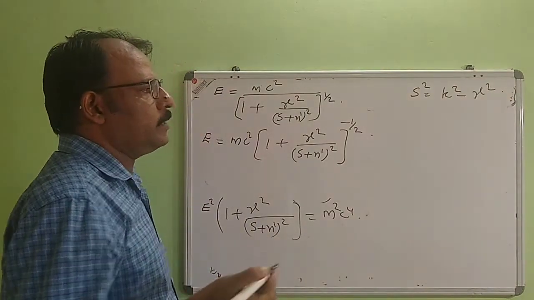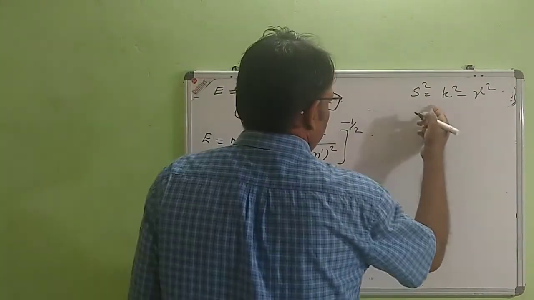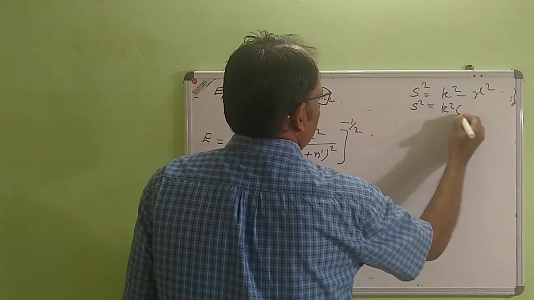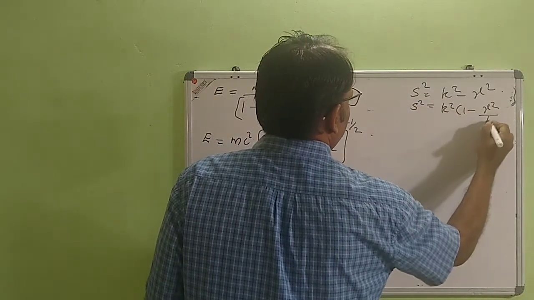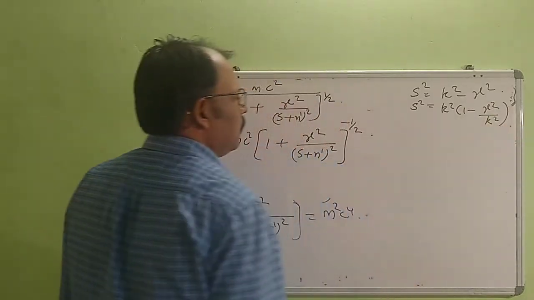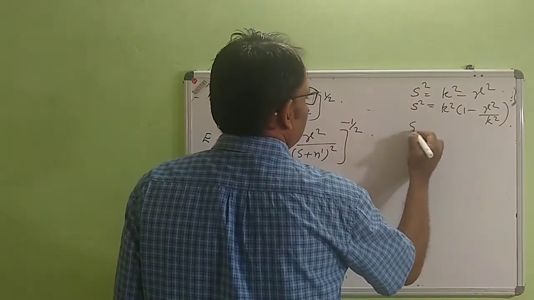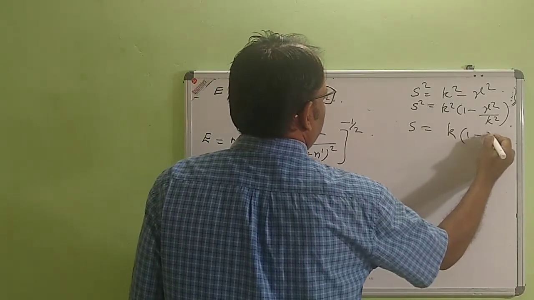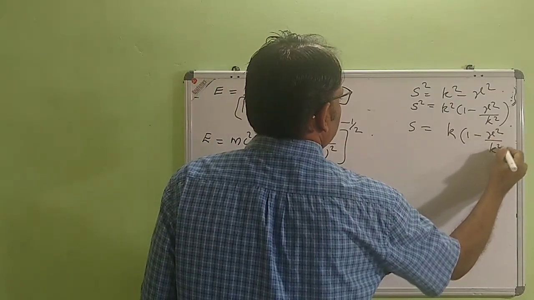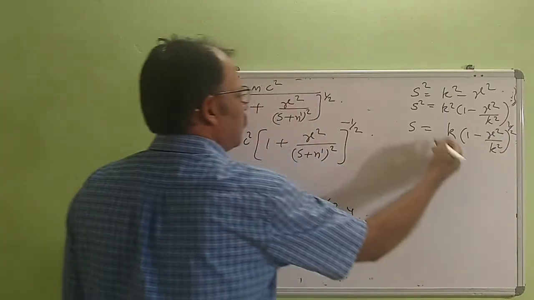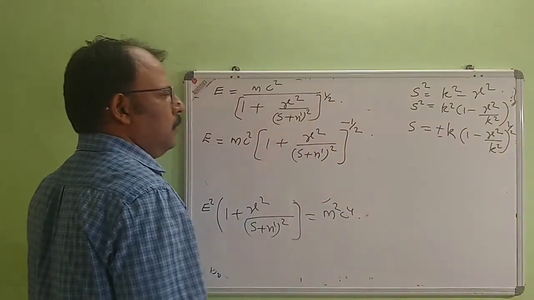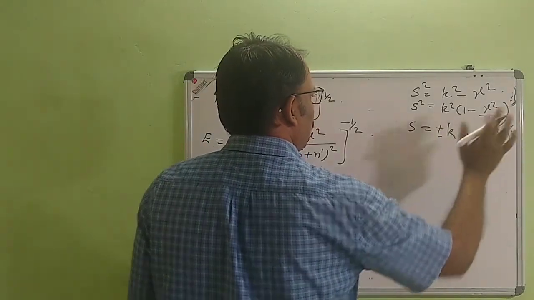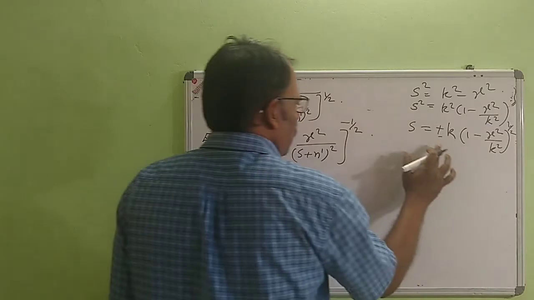Or we can write s square as k square into 1 minus gamma square by k square, or s as k into 1 minus gamma square by k square, the whole raised to 1 by 2, plus or minus k into 1 minus gamma square by k square, the whole raised to 1 by 2.